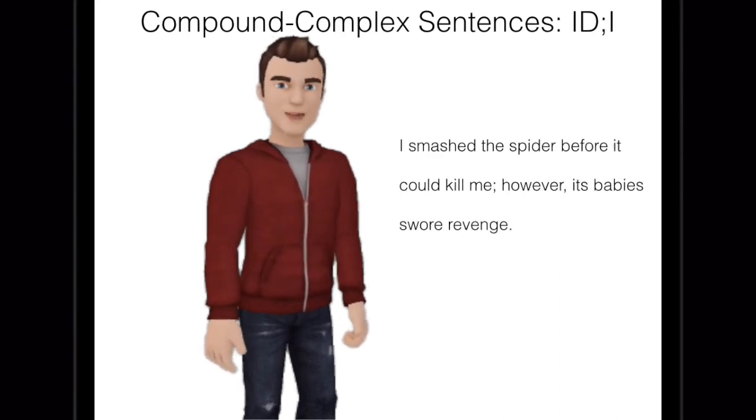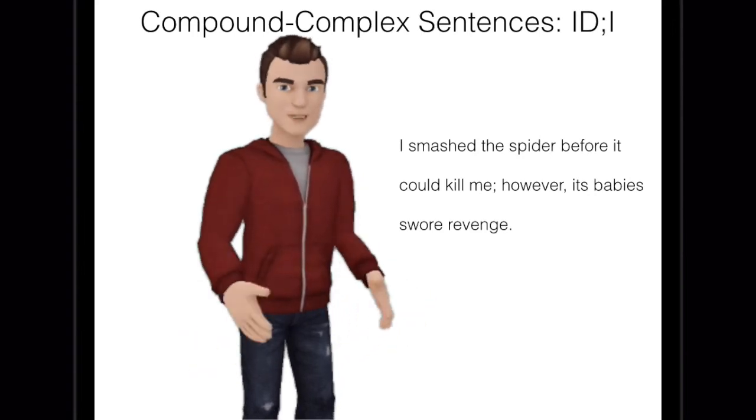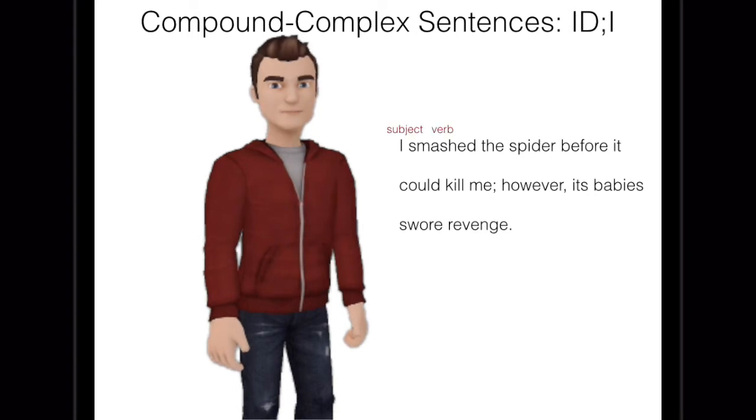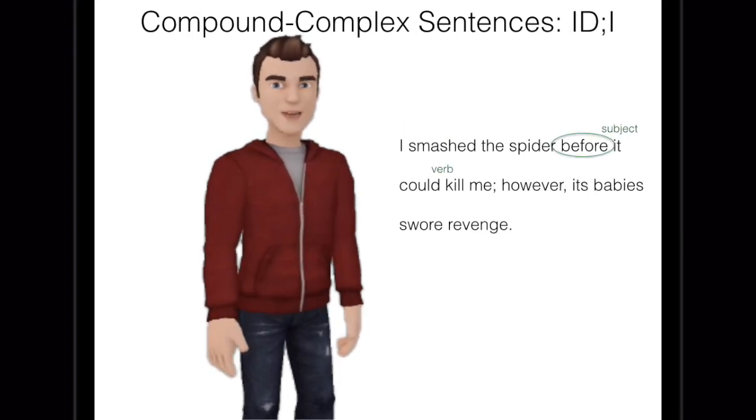Next formula, we have I, D, semicolon I. We start off with an independent clause, I smashed, then dependent clause, before it could kill me, semicolon, and then we end with babies swore.